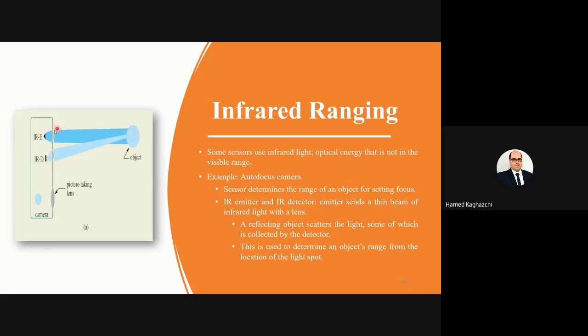The emitter sends a beam using a lens. When the beam encounters an object, the light scatters. The detector lens collects some of the scattered light, so the detector determines the object's range from the location of the light spike on the detector. This is the application of infrared light in the camera.